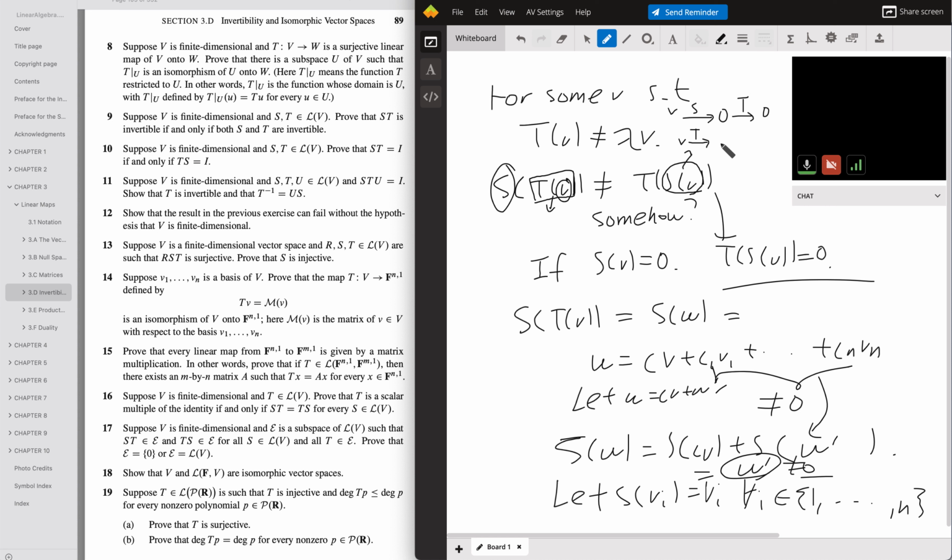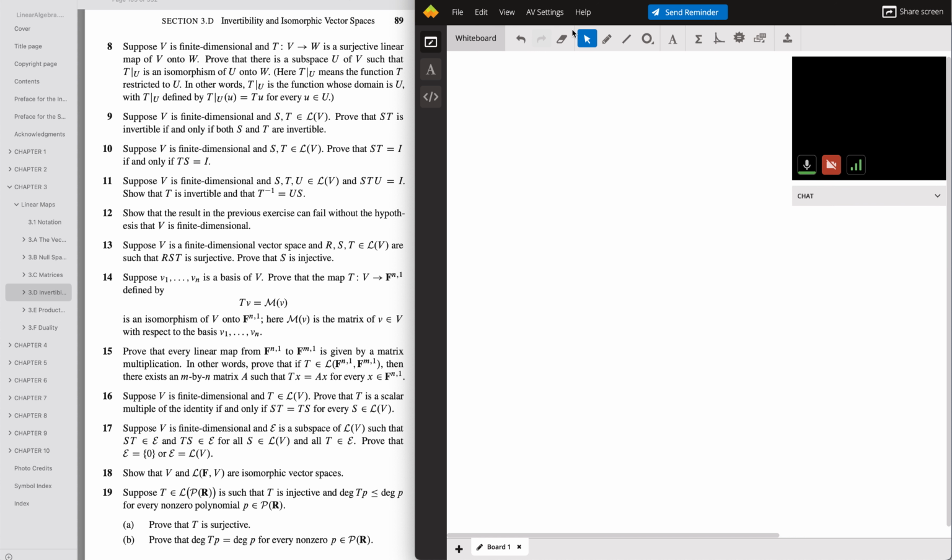Then T of V brings you to some V and also some other stuff, which S will bring this V to 0, but this will not bring to 0. Well, I guess pictorially that's how you could understand it, but I don't know. Still a pretty flimsy argument, I think. In fact, T being a scalar multiple of the identity is very strong. It's much stronger than perhaps even invertible.